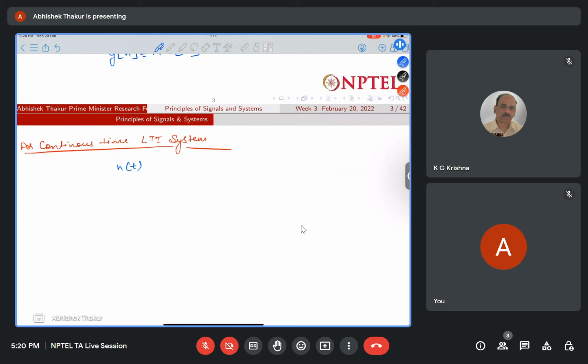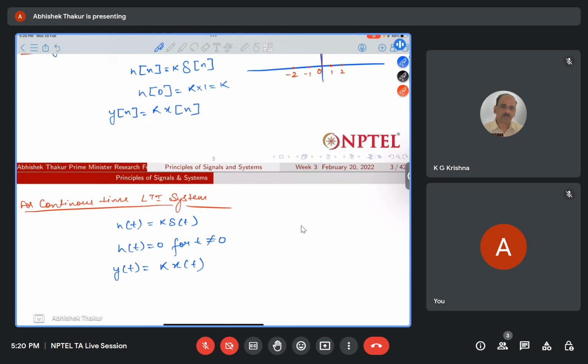Here it is continuous and depends on time. That is, h(t) is equal to k delta(t), and h(t) is equal to 0 whenever t is not equal to 0. At t equal to 0, it is some infinite value. So the output will be given as k x(t). In discrete time it was simply k x[n].